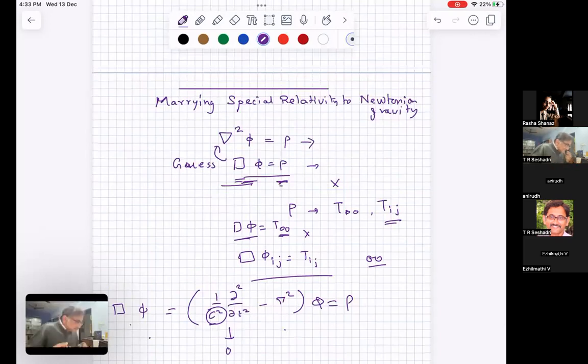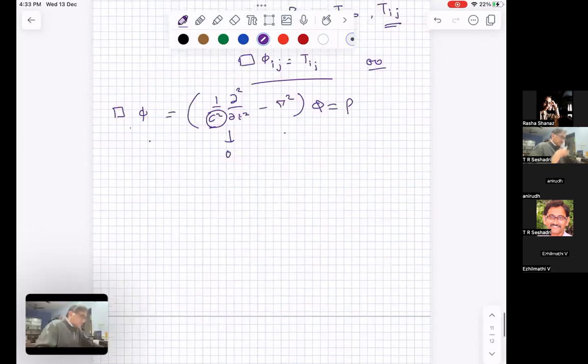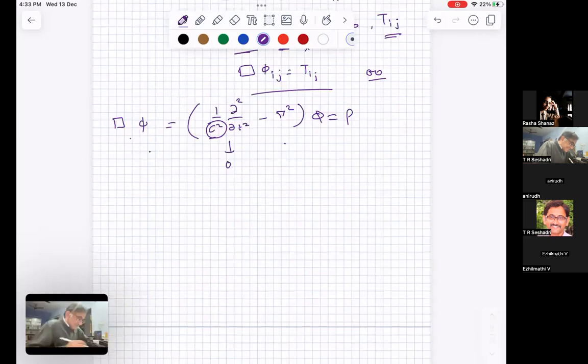So suppose my actual equation of gravity is box times some object phi ij equal to some object Tij, so that both sides are tensors. Right now, look at it as both sides being matrices. I will come to tensors and scalars later.